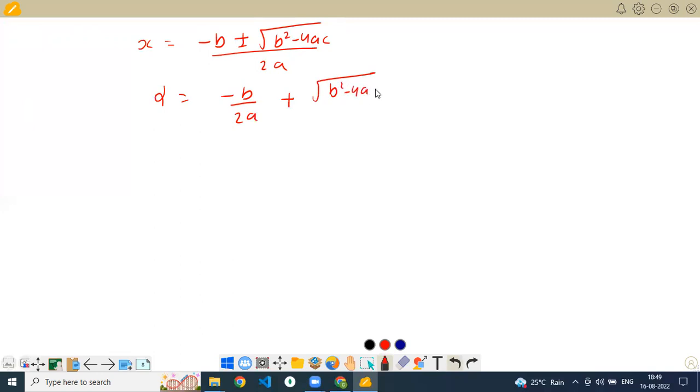x is equal to minus b plus minus square root of b square minus 4ac by 2a. So if I write my two roots alpha and beta, then alpha is minus b by 2a plus square root of b square minus 4ac by 2a, and beta is minus b by 2a minus square root of b square minus 4ac by 2a.